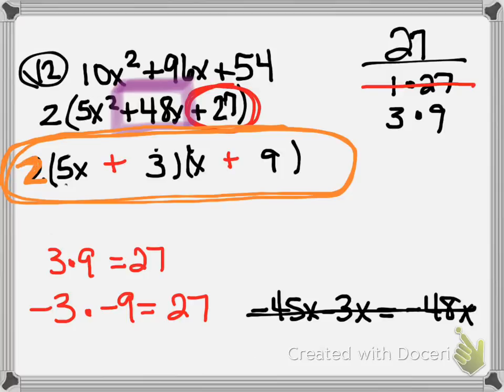And if you were to multiply that back out again, you could distribute the 2 first and then distribute to the second binomial, or you could do your double distributive, just like we've been doing, and then multiply all 3 by 2. So there's 2 ways to double check that, and either way will work because order of multiplication makes no difference. That is the correct answer, so you can look on your worksheet for number 12 and see that the answer is B.